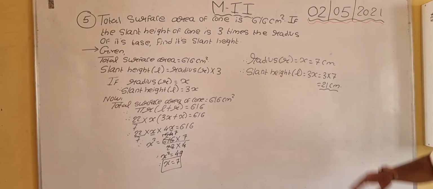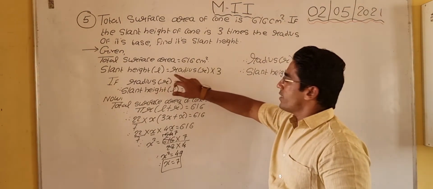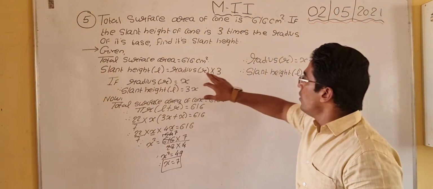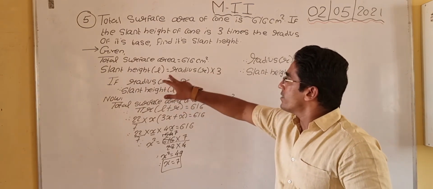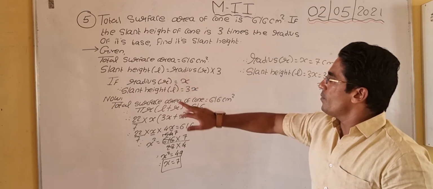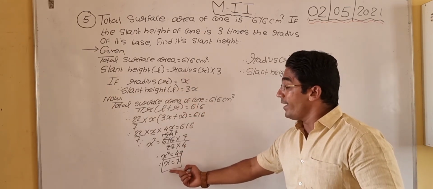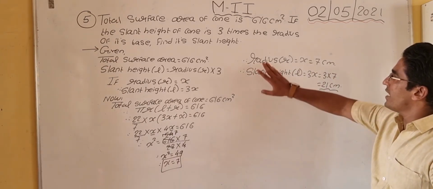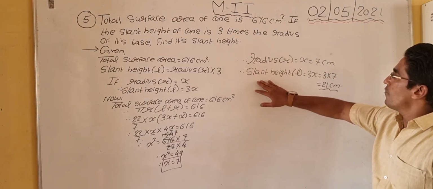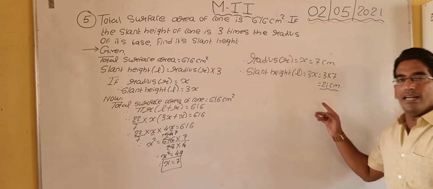Only in this case the relation between slant height and radius was that slant height is equal to 3 times the radius. So what I did, I considered radius as x, so slant height will be 3x. I took the formula for total surface area of the cone, substituted the value, and got the value of x. It means I got the value of radius. Therefore slant height is 3x, 3 into 7, that is equal to 21 centimeter.